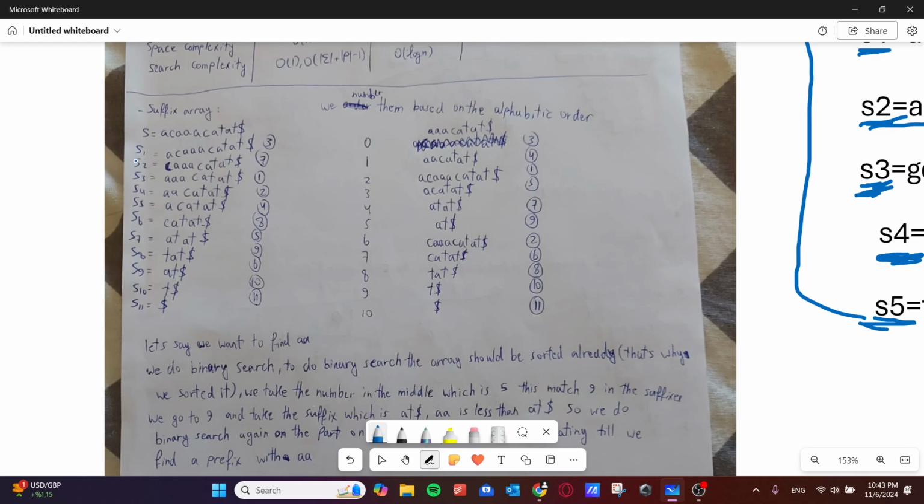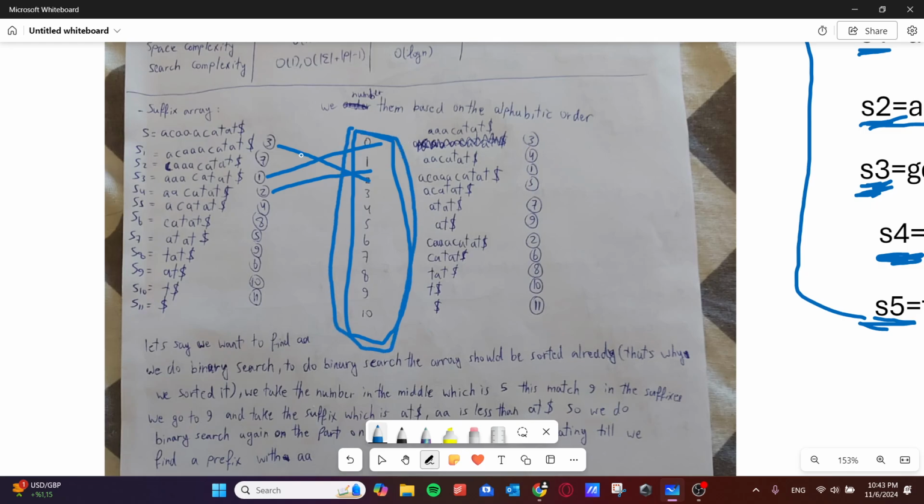It's very easy. I've ordered all the suffixes in alphabetic order. Then I've put the numbers here. The number for this one is one or zero. The second is two. I've put the numbers here.